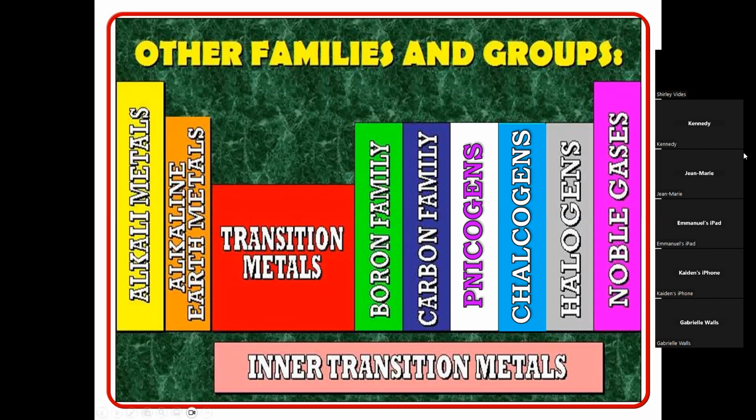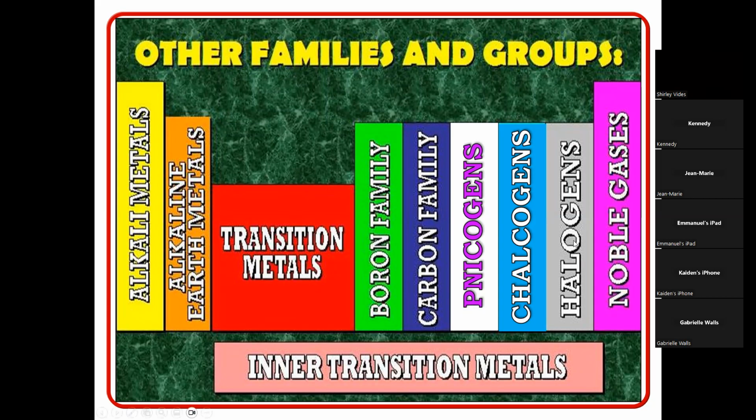And then the last group is the noble gases. They're 8A. Remember we talked about how all elements want 8 electrons on their outer shell? Well, these have them, and so they're unreactive. Well, mostly unreactive. That's why they're called noble gases.